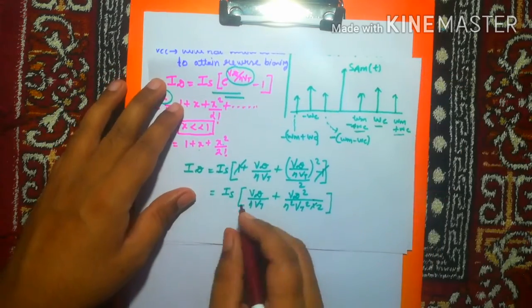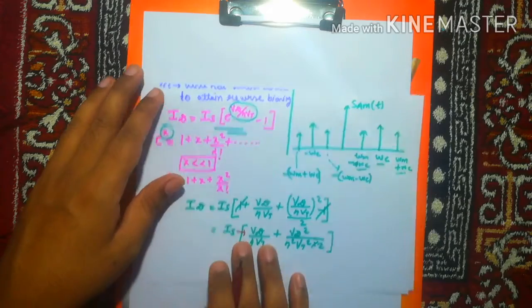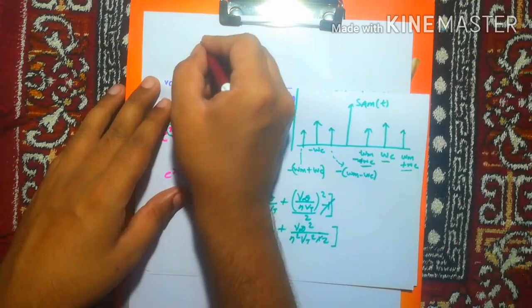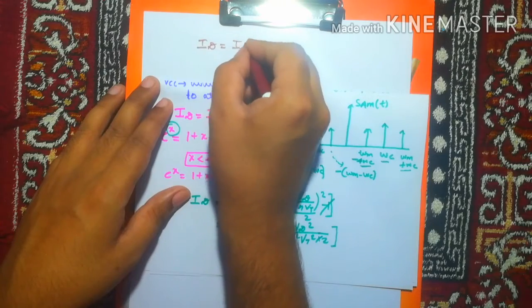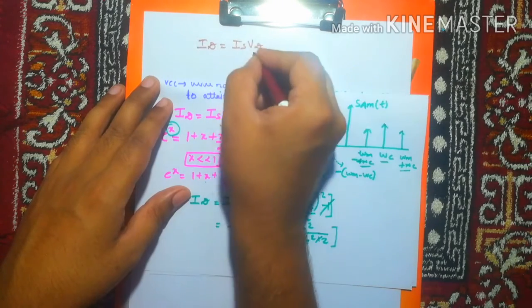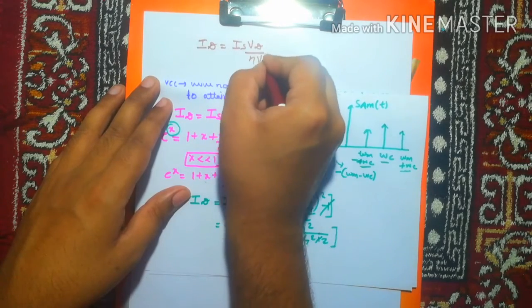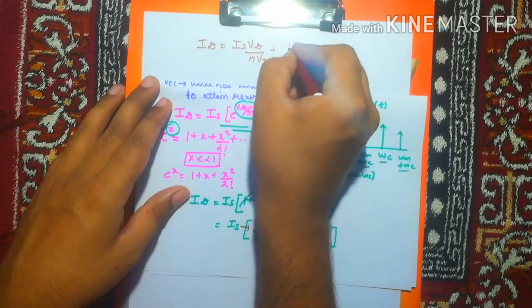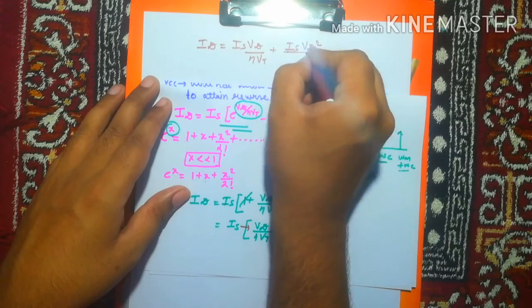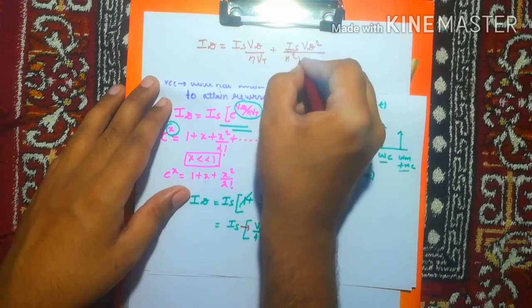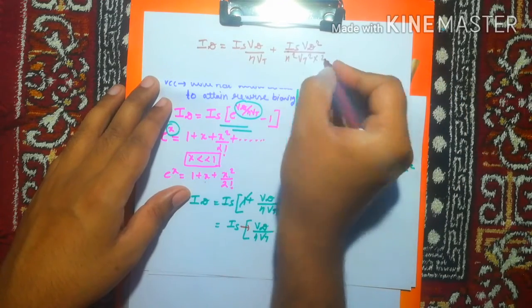If I multiply this Is inside, it comes out to be ID equals Is Vd upon eta Vt plus Is Vd square upon eta square Vt square into 2.